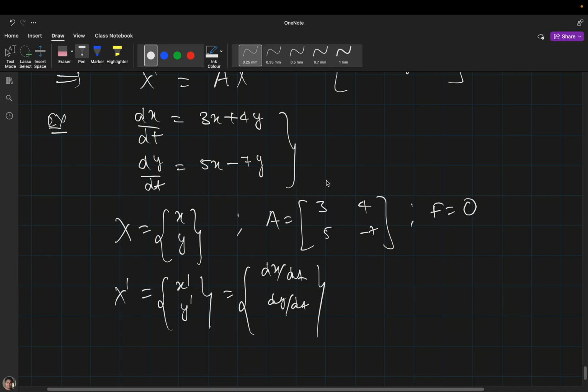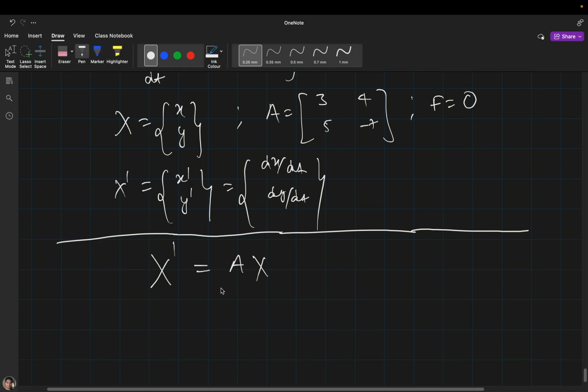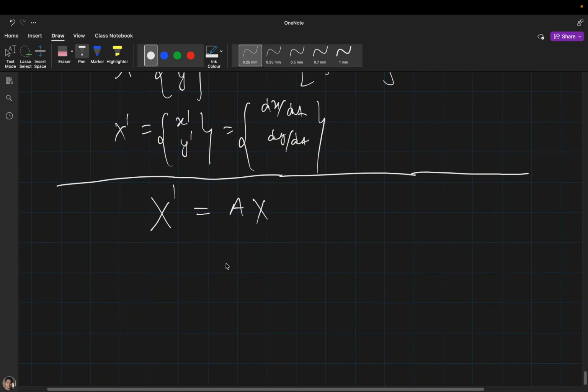So now the point is how we will solve this kind of differential equation. If you write it in matrix form, I can always write X dash equal to AX. Again I will assume that X equal to K e raised to the power lambda t is the solution.